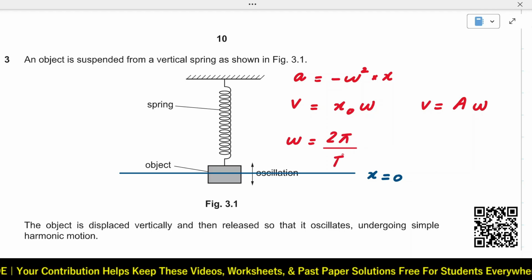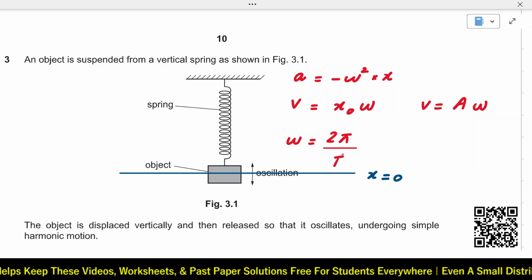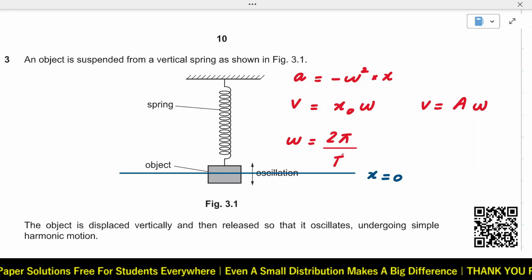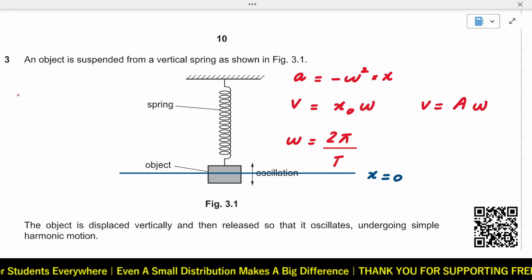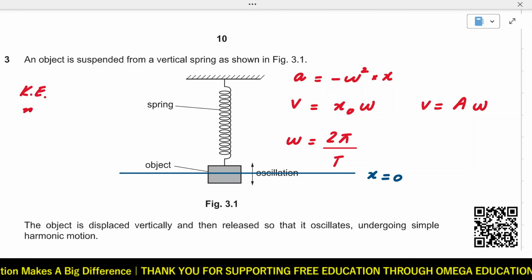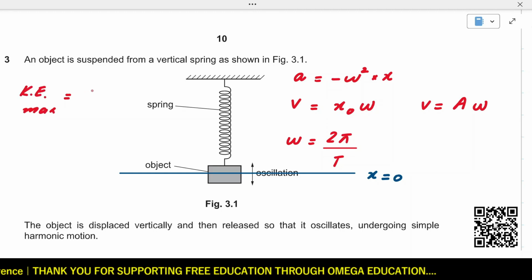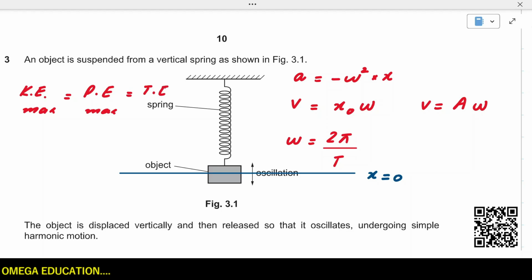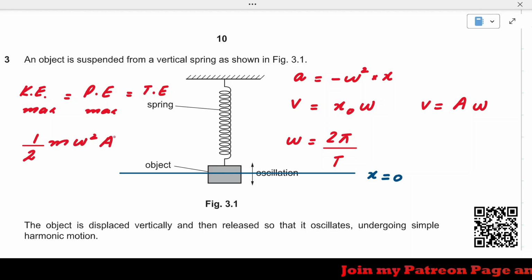Or you can say omega equals 2 pi f. Any of these expressions can be used for finding any of the quantities. If we talk about the energies, the maximum kinetic energy, which is equal to the maximum potential energy, which is equal to the total energy, the expression is 1 over 2 m omega square a square, or x naught square, meaning the amplitude.